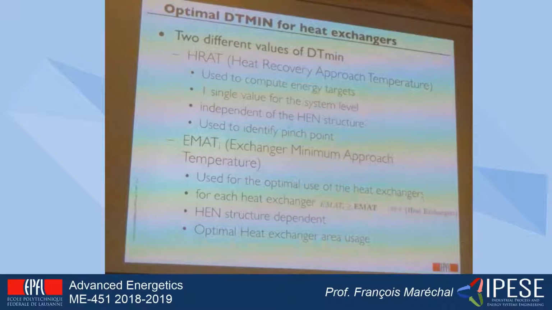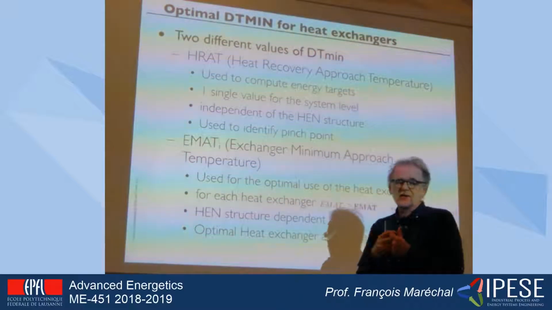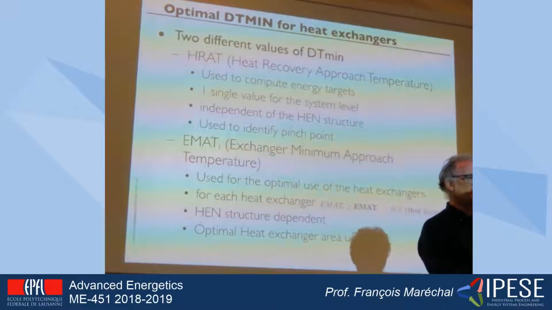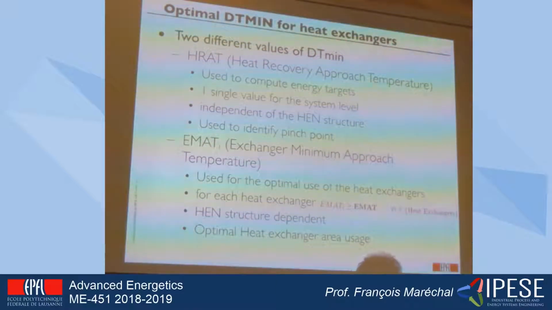I have the possibility of accepting smaller delta T minimum in some of the heat exchangers if they allow to eliminate small heat exchangers. Okay? To finally reach an optimal value of the heat exchanger minimum approach temperature, which is then specific to the heat exchangers that I have in my design.